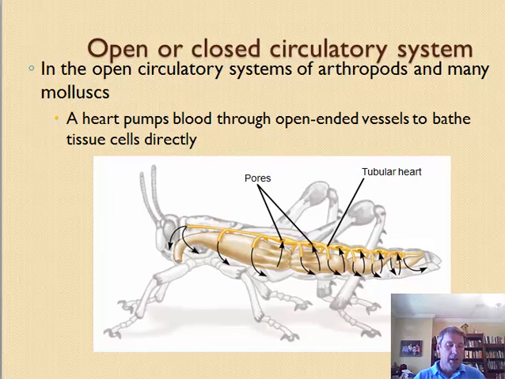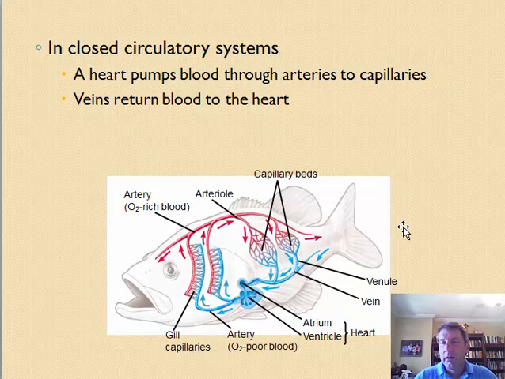The other category is like what we have, and it's called a closed system. We see that in other animals. Here's a fish, and it has a closed system, where closed means that the blood is enclosed in vessels the entire time. It's not just dumped out into the body. We have a two-chambered heart, and it pumps the blood to the gills where it picks up oxygen, and it goes and dumps that oxygen off, and then it comes back to the heart. This is a little schematic of how that works.